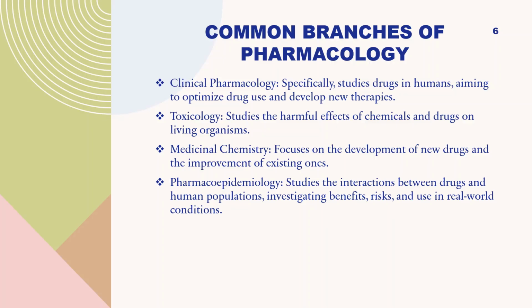Medicinal chemistry is focusing on the development of new drugs and the improvement of existing ones. Pharmacoepidemiology is studies that focus on the interactions between drugs and human populations, investigating benefits, risks, and use in real-world conditions. These ones are mostly pharmacological branches that lean more towards research aspects, so you might not come across these ones as nurses.